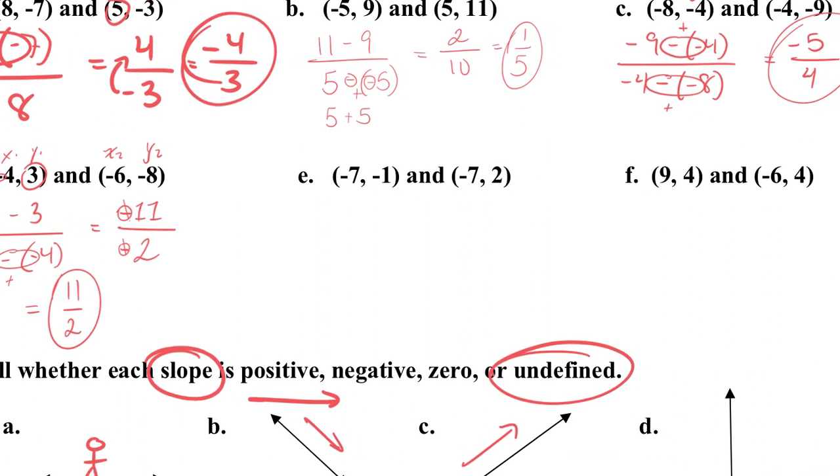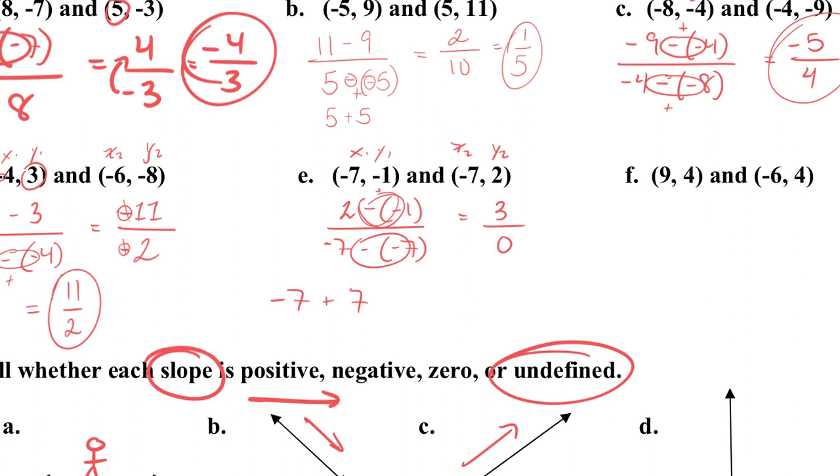Again, x1, y1, x2, y2. 2 minus -1 over -7 minus -7. Something's going to happen here. 2 minus -1 is really just saying 2 plus 1, that's going to be 3. Over -7 minus negative means -7 plus 7. What's that equal? That is 0.